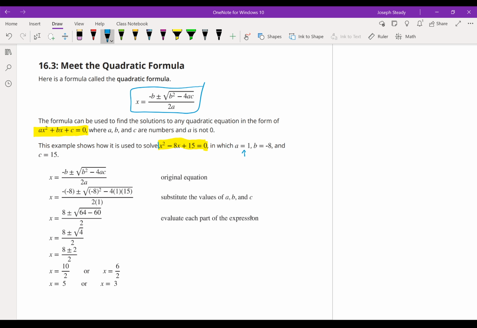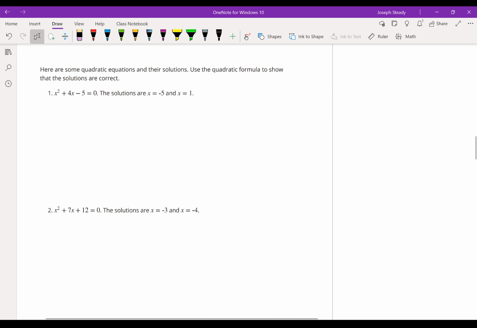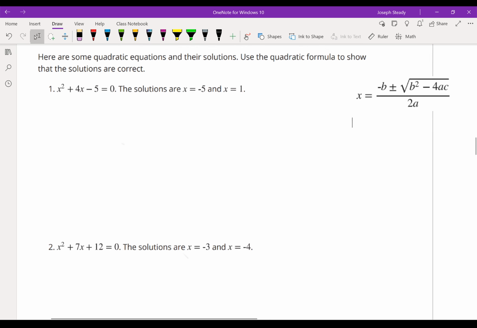B equals negative 8, because it's the number in front of the x. And c equals 15, because it is the number that is all by itself. Now they go through and run through an example there, which you are welcome to look at, but I'm going to jump ahead and we're going to look at some examples of our own. I am going to bring the quadratic formula down here with us so we can refer to it, but we're going to run through this problem right here.